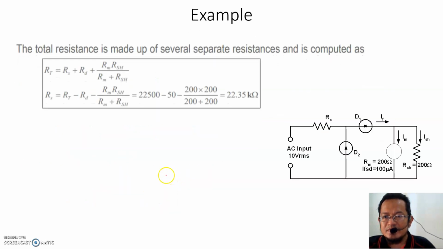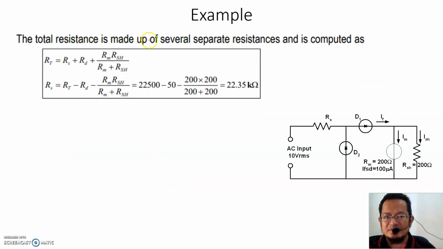So the total resistance, remember from the first formula, RT is this formula, and if you rearrange that, you will calculate the shunt resistor. You plug in the RT, RD.